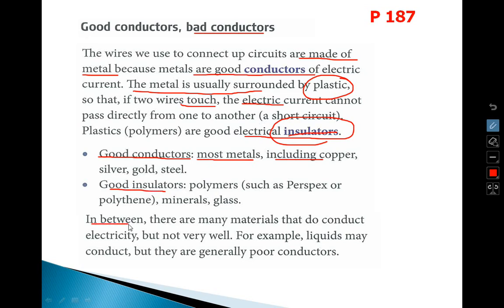In between those there are many materials that conduct electricity, but not very well. They are called semiconductors. They are located in between; not a good conductor and not a good insulator, so they are called semiconductors. Liquids may conduct, but they are generally poor conductors.